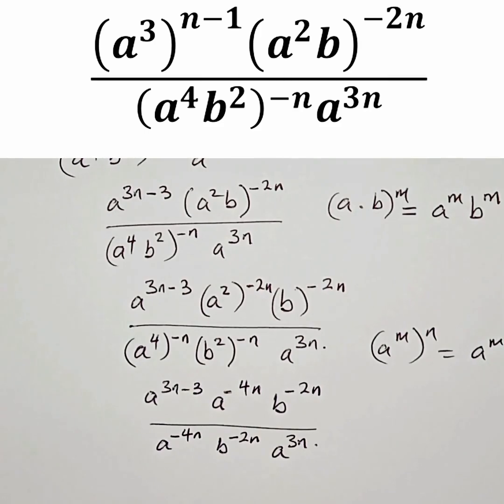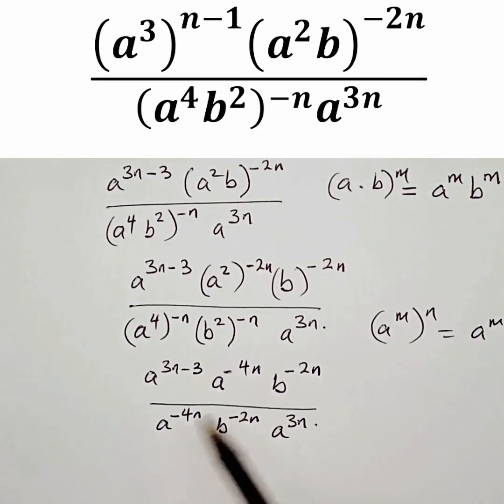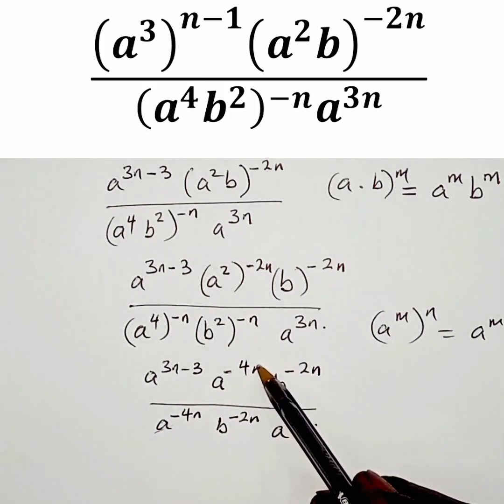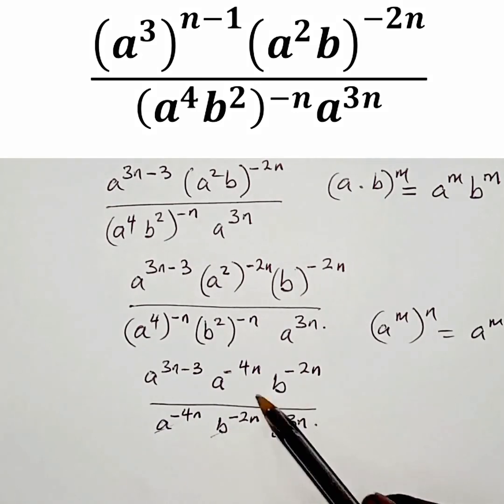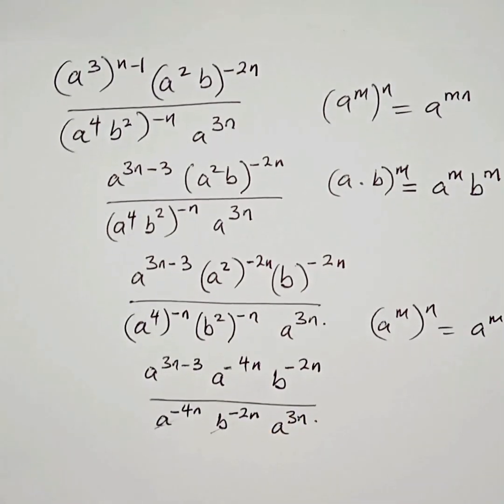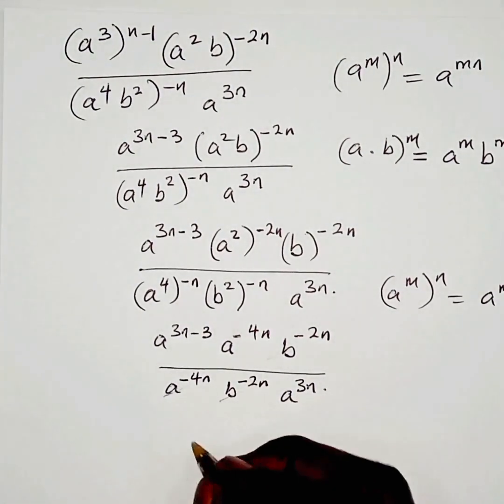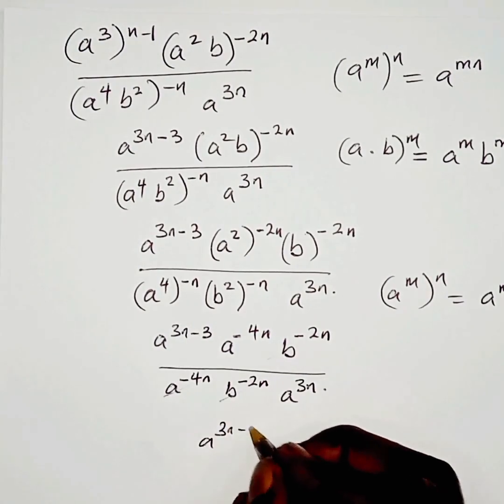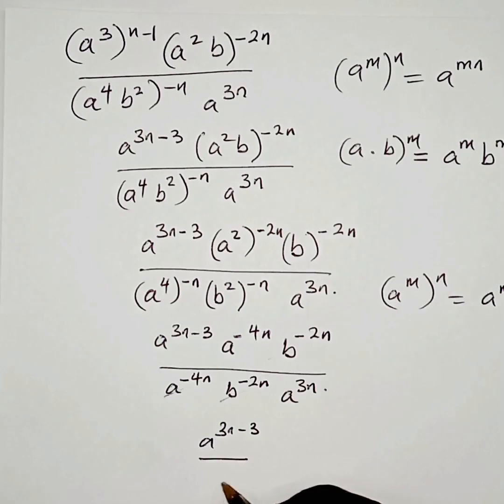But now if you look at that expression, you can find that this a^(-4n) can just divide with that. They cancel off, and this one cancels off with that one. So we're going to remain with that part and that part. So we are going to have a^(3n-3) divided by a^(3n).